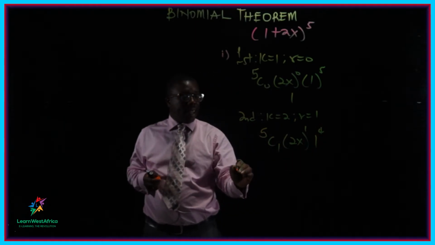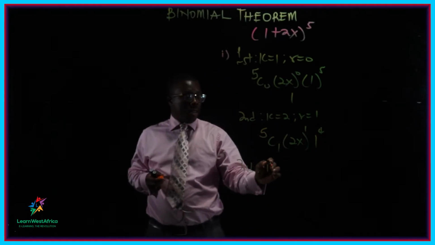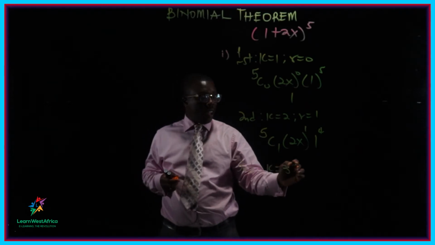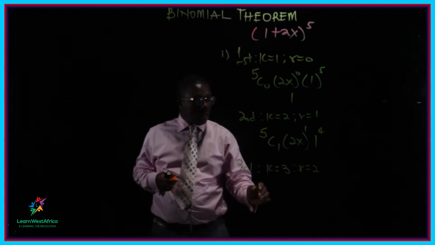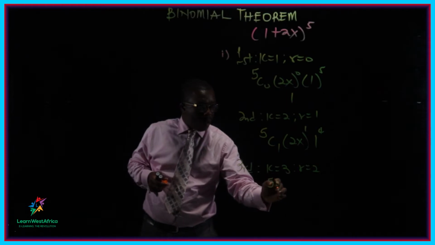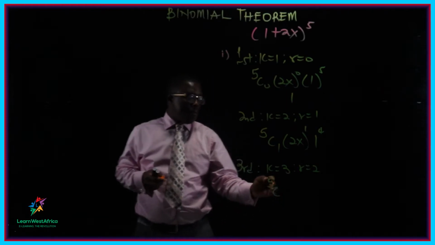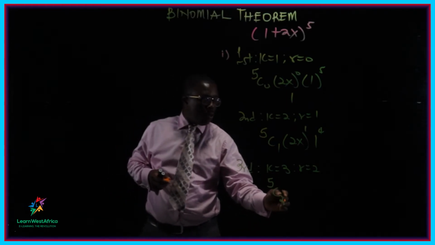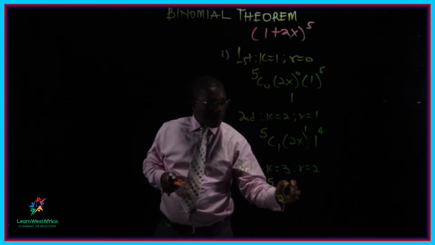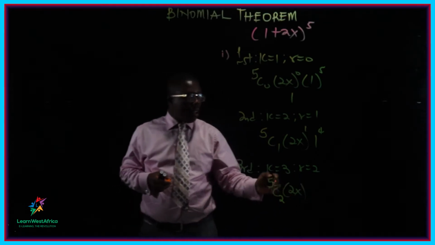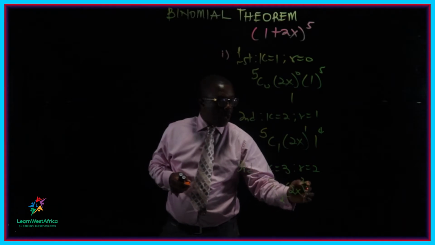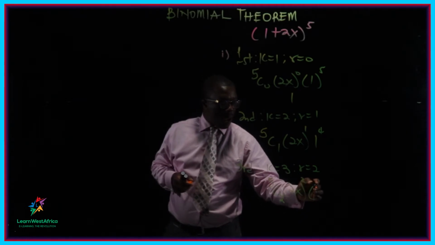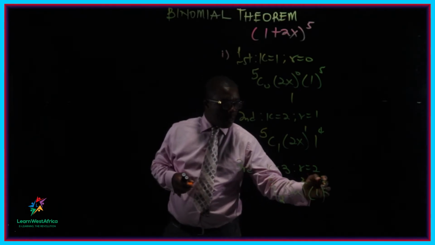Then we come to our third term, which means k is equal to 3 and r is equal to 2. That's going to give us 5 choose 2, (2x) raised to the power 2, then we have 1 to the power 3.